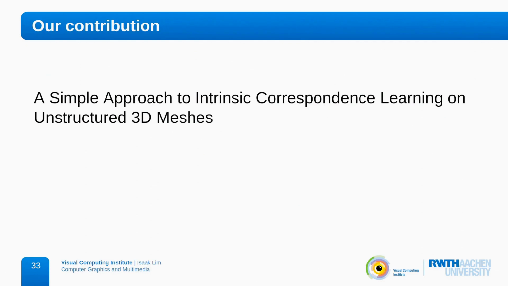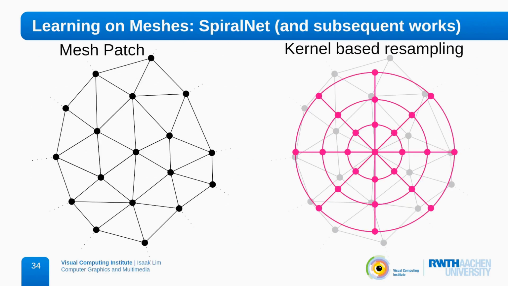present the contributions that we have made, and the first contribution is how we can extend these approaches to work on curved surface patches. As mentioned before, these approaches typically rely on a kernel-based resampling of such an input mesh patch, meaning for each kernel position I somehow have to interpolate the input features.